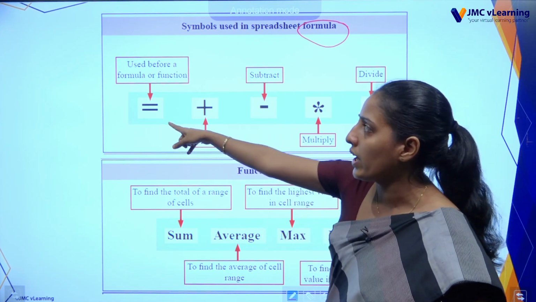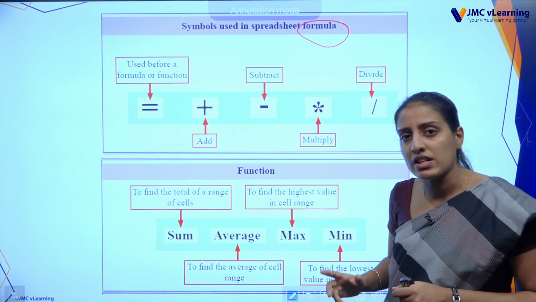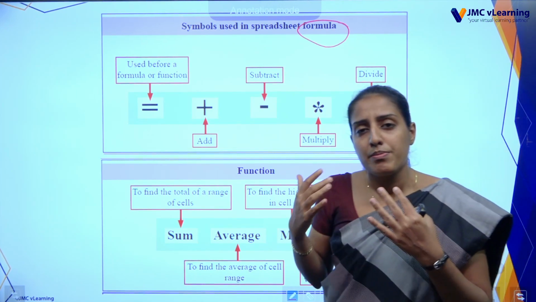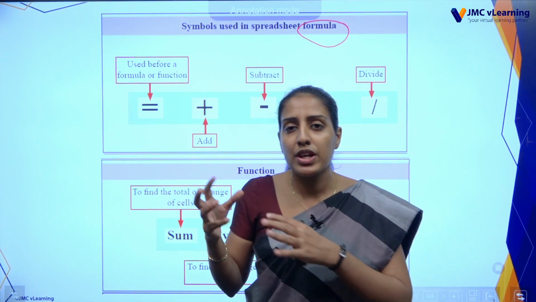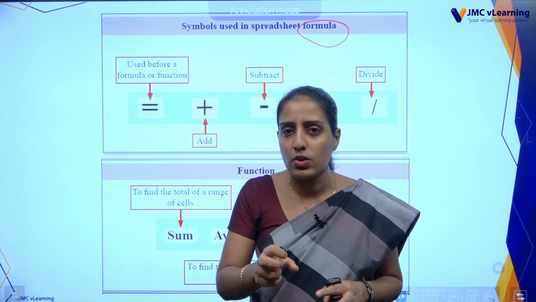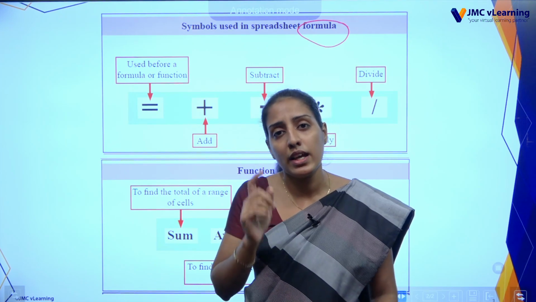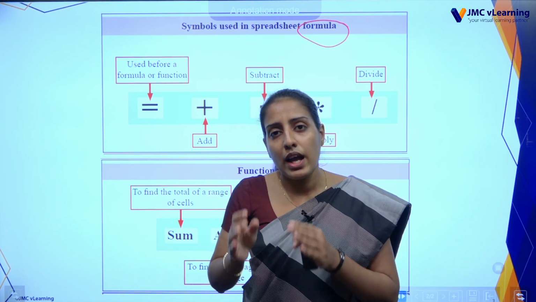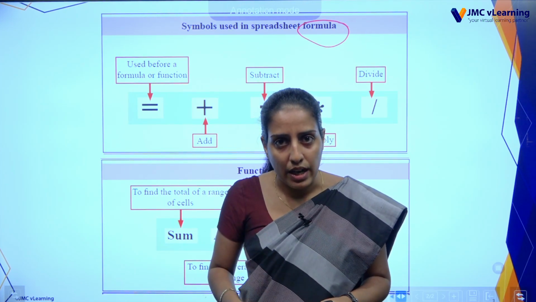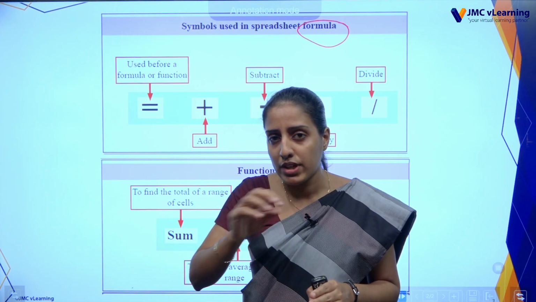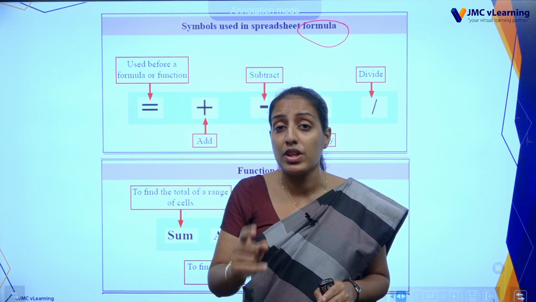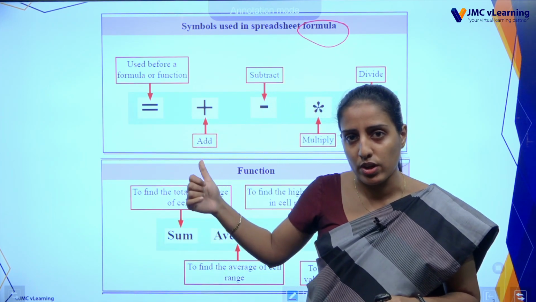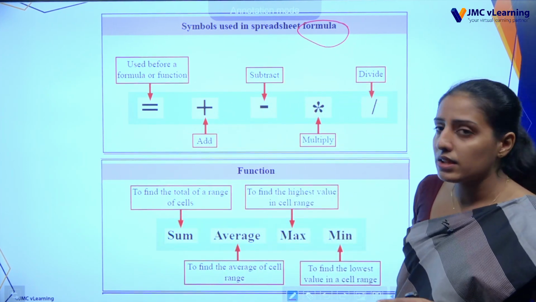In the previous session I also told you that MS Excel can't understand a mathematical equation if you do not enter the equal sign. Only with the equal sign will MS Excel understand that what you typed is a mathematical equation.